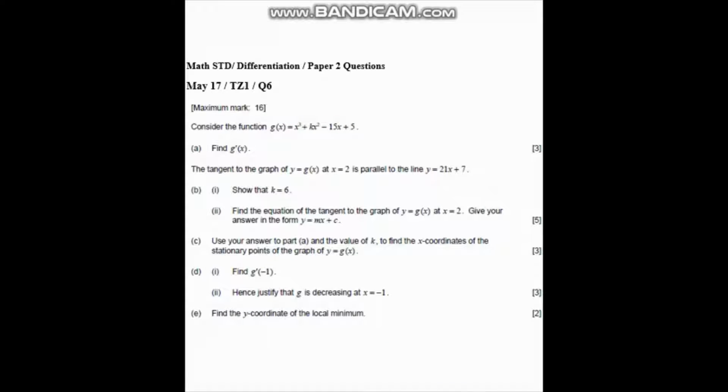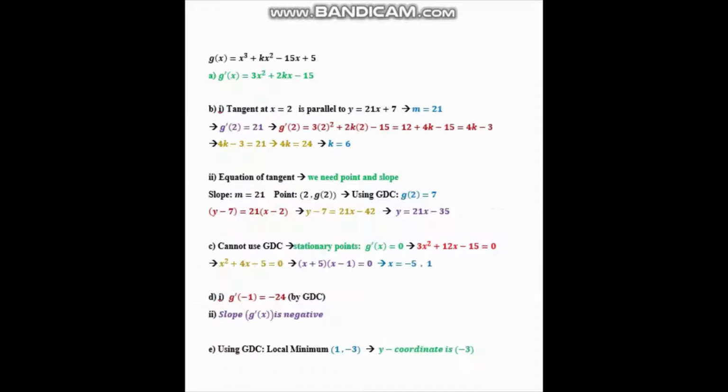Next, I need to use my answer to part A and the value of k to find the x coordinates of the stationary points, which are the maximum and the minimum. I cannot use the GDC to find them automatically. I have to show work out because they specifically said use your answer. You should know that stationary points are points where the slope is 0.